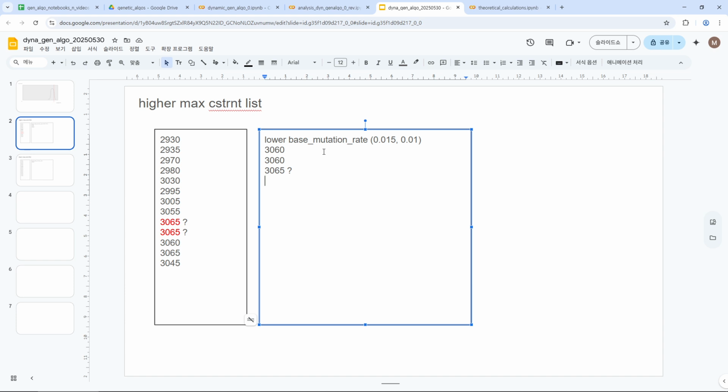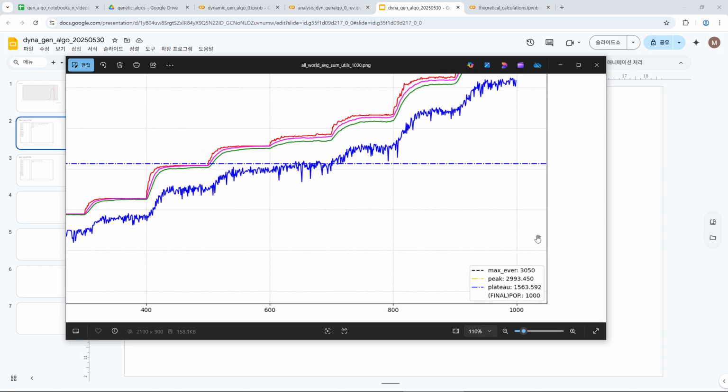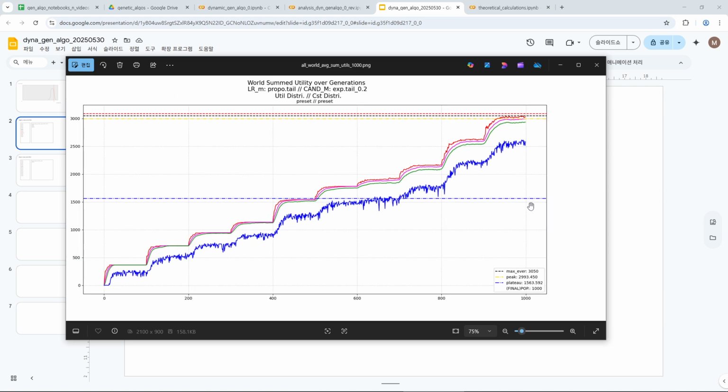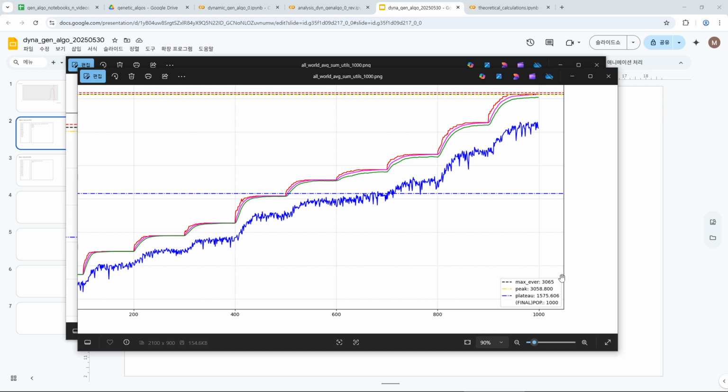The next two tries that I did were the same thing, just to see how reliable this is. See, 3050, so lower than 3060 or 3065, but still quite satisfactory. And the last one, 3065.